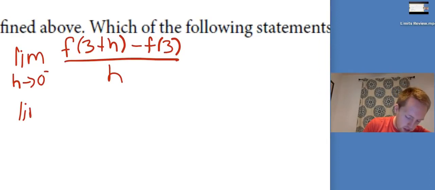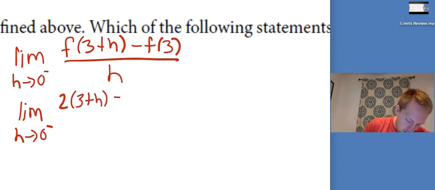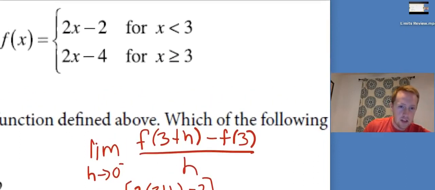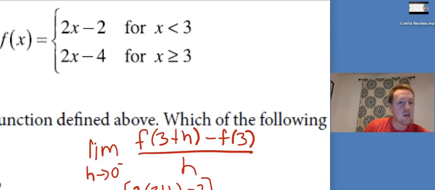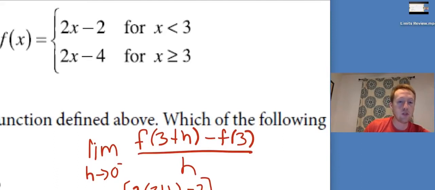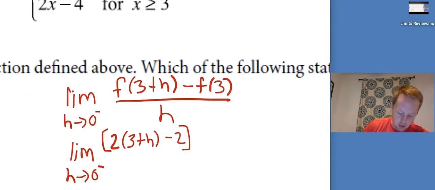So the limit as h goes to 0 from the left for 2 times 3 plus h minus 2. That's the first bit. Now f of 3 comes from the bottom because that's where the or equals is. So we've got 2x minus 4, so 2 times 3 is 6, minus 4, so that's minus 2.